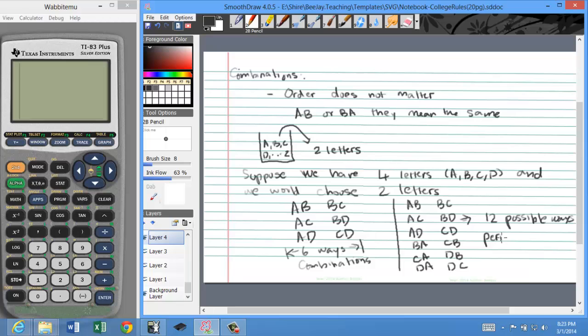So these are permutations, and on the left hand side what we have is combinations.